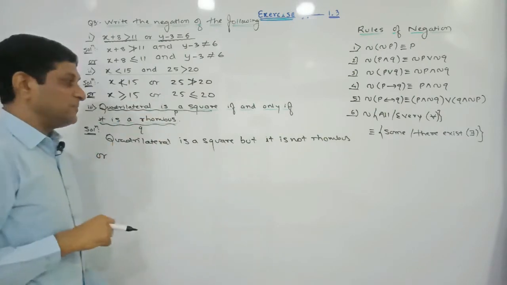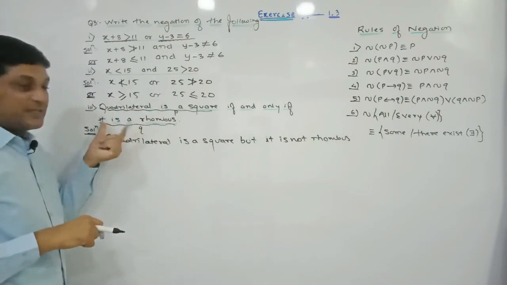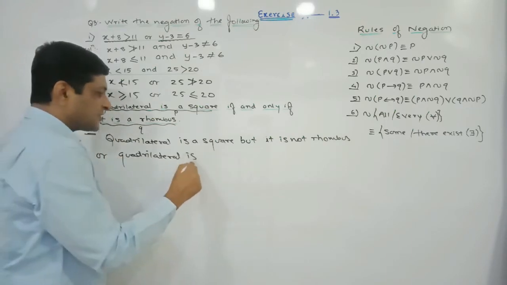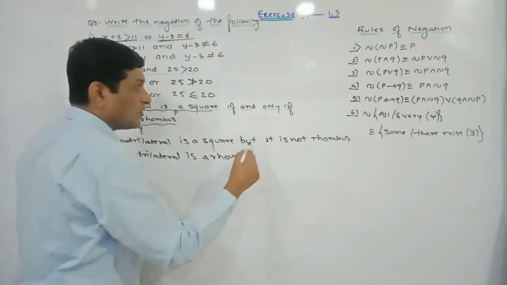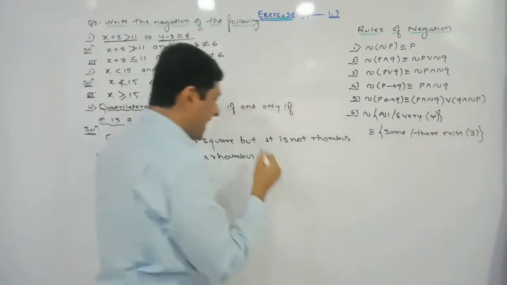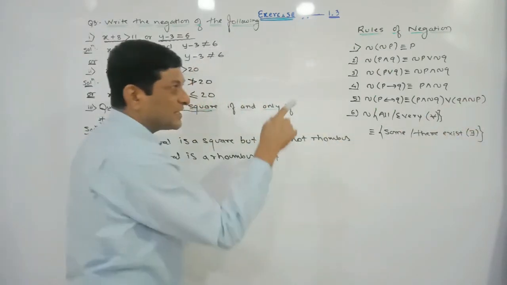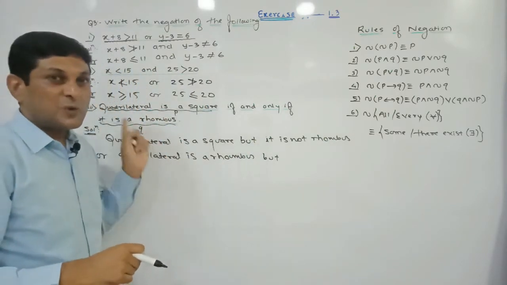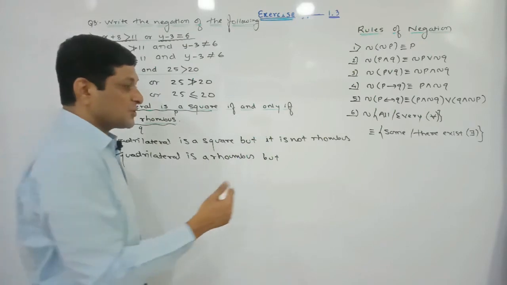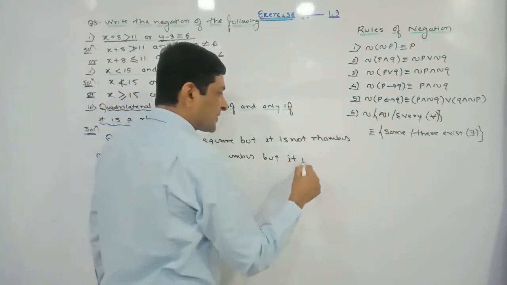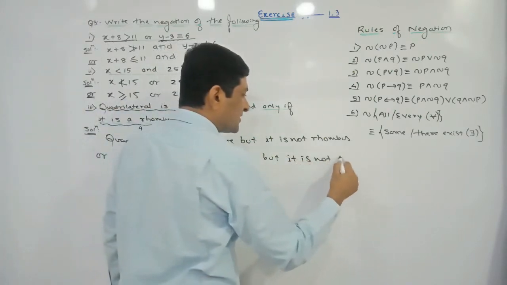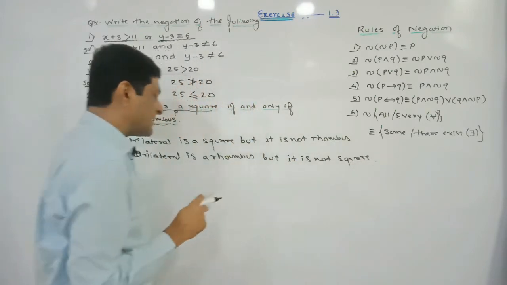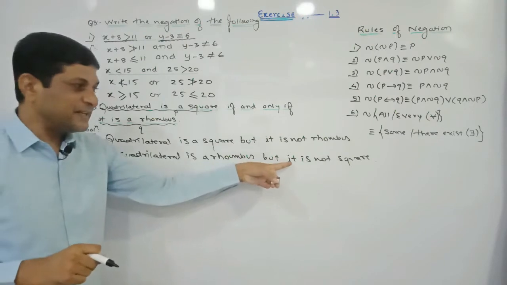Or what is the second part? Q and negation P. Q means what? It is a rhombus. It means quadrilateral. Or quadrilateral is a rhombus, and negation P. And means what? But. And P means what? Quadrilateral is a square, so its negation means what? Quadrilateral is not a square, so it is not a square. Instead of writing quadrilateral, we are representing it here by what?